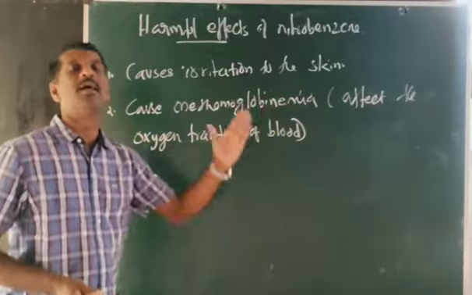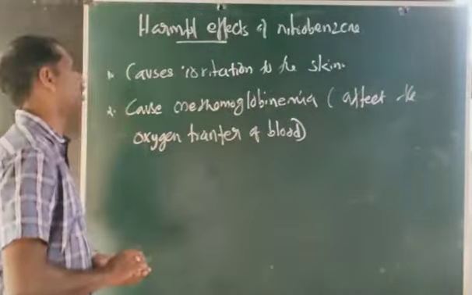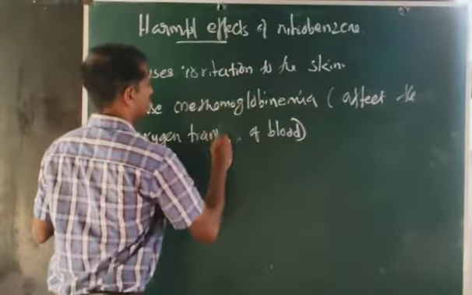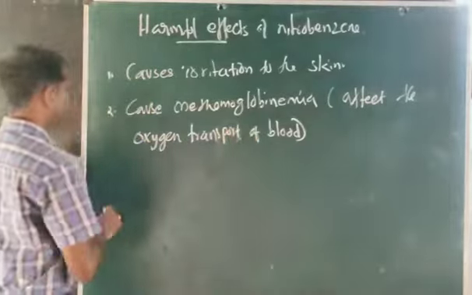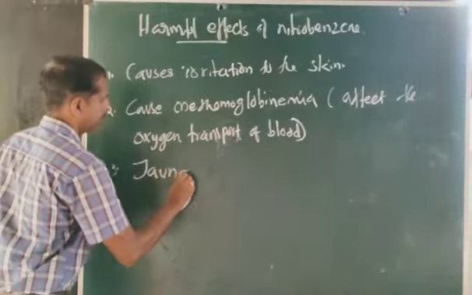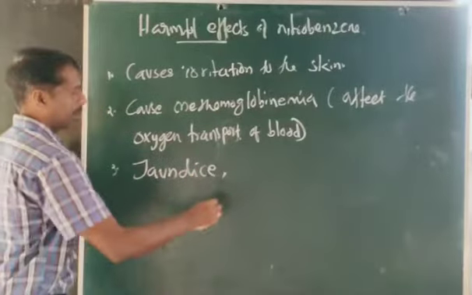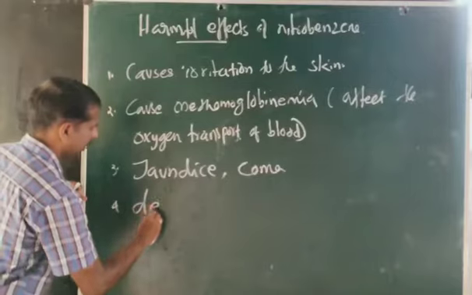Methemoglobinemia means it will affect the transport of oxygen by blood. Third one, it may cause jaundice or coma, etc. And it may decrease the fertility.